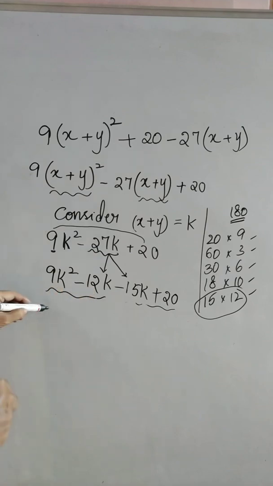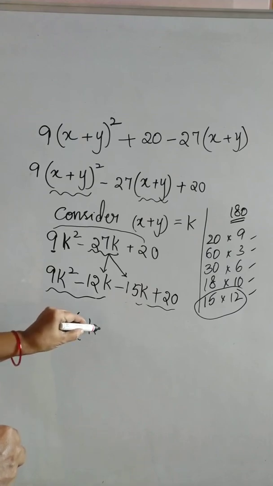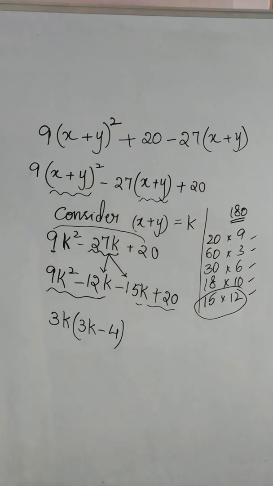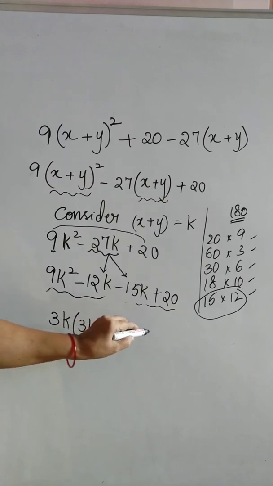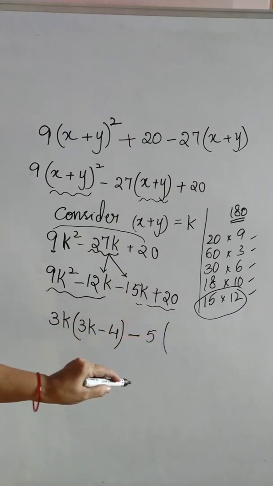Again in these two terms 3k will be common. I am left with 3k minus 4 and minus 5.